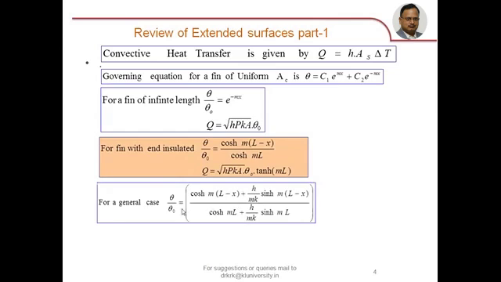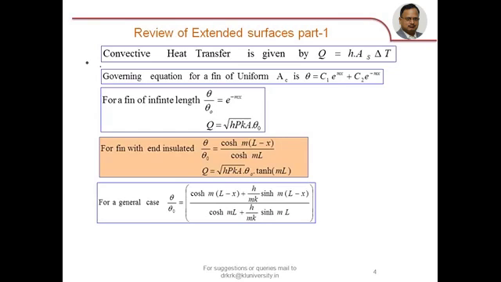And the third case is the general case where we don't take any assumption. The end heat transfer from the fin face at x equal to L, whatever passes through that last element by means of conduction, ultimately enters into the environment by means of convection.